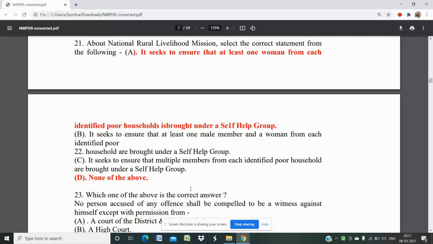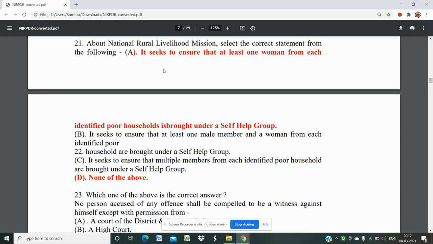Then yes, question 21, about National Rural Livelihood Mission, select the correct statement from the following. There are five options given. You have to read all these options and relate them to the National Rural Livelihood Mission, and see if any is correct relating to their formation, origin, genesis, development, responsibility, duty, function, just relate it to NRLM.